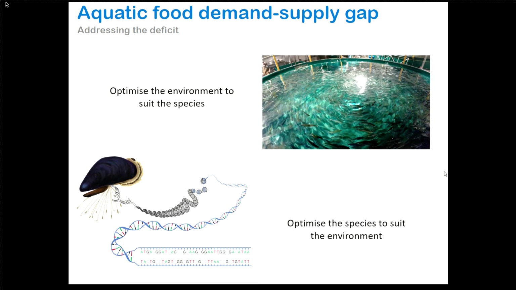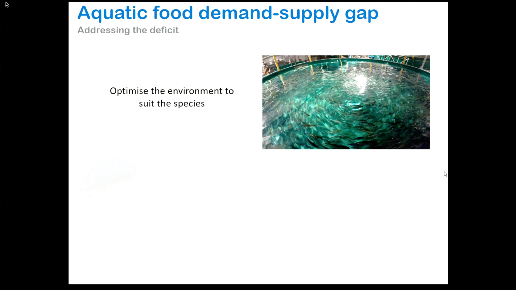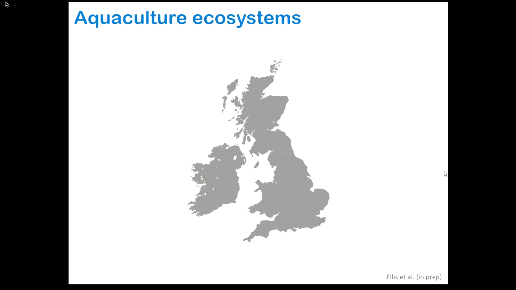Firstly, though, I'm going to introduce the first topic, focusing on optimizing the environment and the concept that we're thinking about, how we can really think about optimizing this environment. Now, this research came about from a project I was involved in about 10 years ago, which was a UK ocean acidification research project. I was coming from a climate change background, just out of my PhD, looking at how ocean acidification and global warming is going to impact mussel physiology.